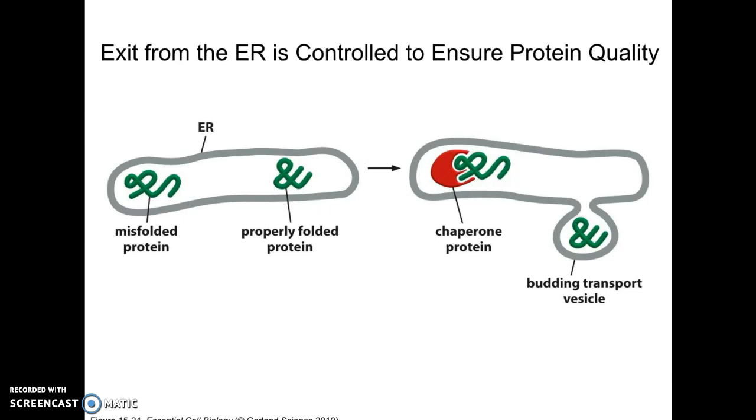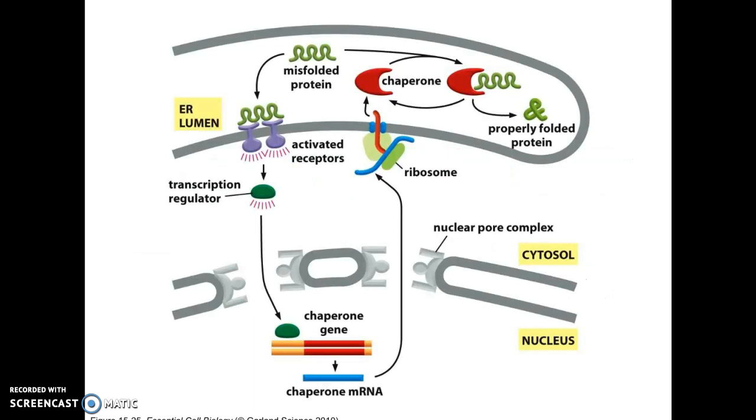And so how is it that these proteins get upregulated in the case of heat shock or any other thing that is going to lead to unfolded proteins? There is a signaling mechanism. So the protein gets made and moves into the ER lumen, and it either folds correctly or it doesn't. If it doesn't fold correctly, then a chaperone protein will help it to fold correctly.